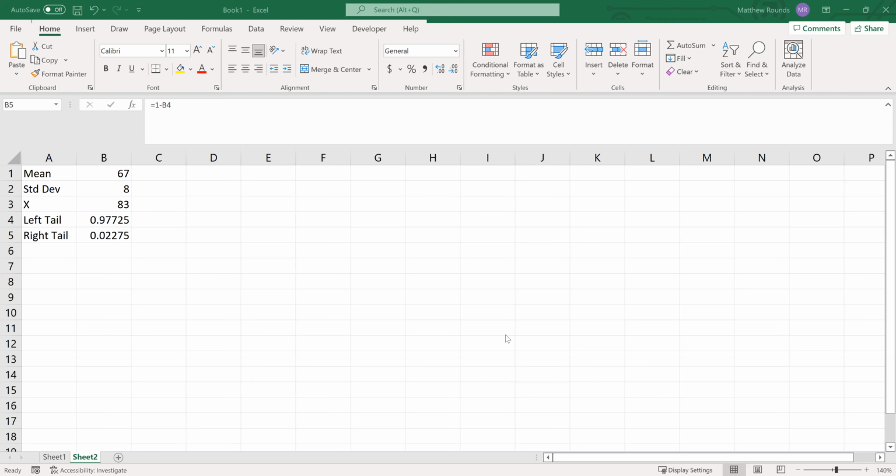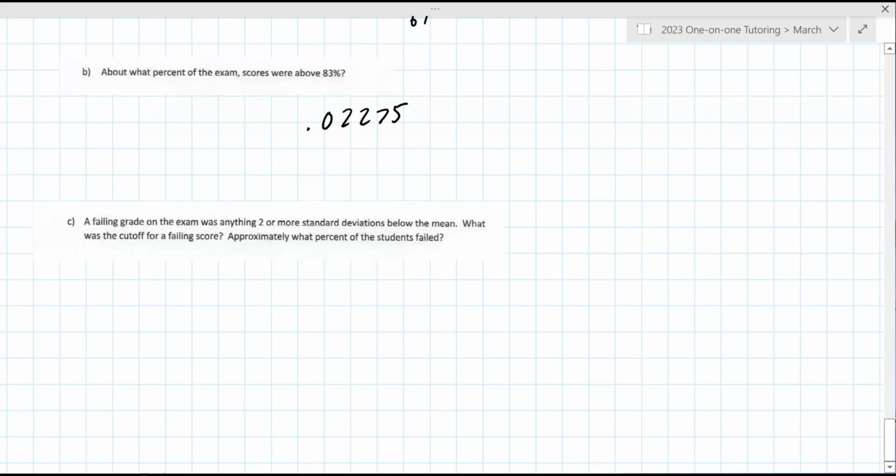Yeah. Let's go back to the other screen here. So it says a failing grade on the exam is anything more than 2 standard deviations below the mean. So the mean was given as 67. So you're taking 67, you're subtracting 2 times 8, which is 16. So a 51 was a failing grade.